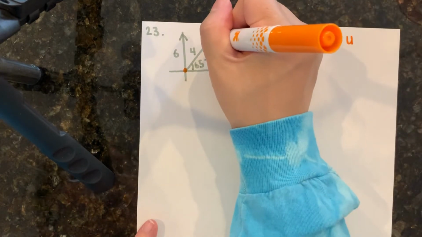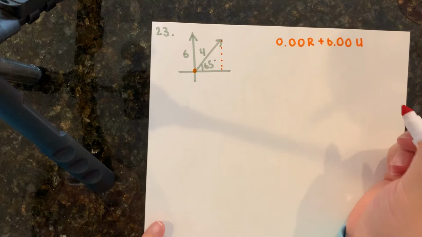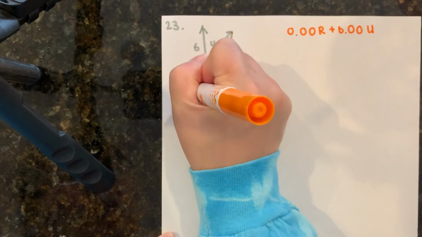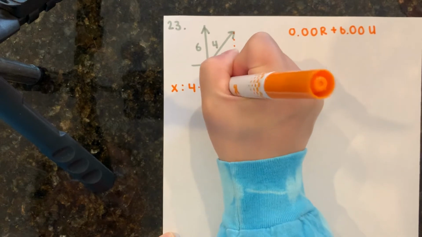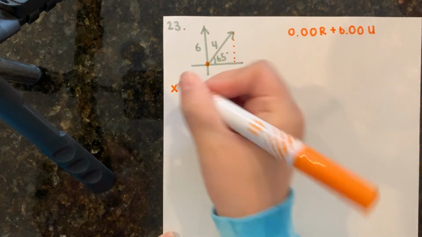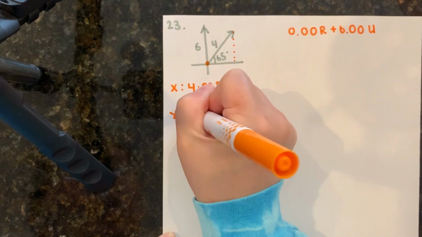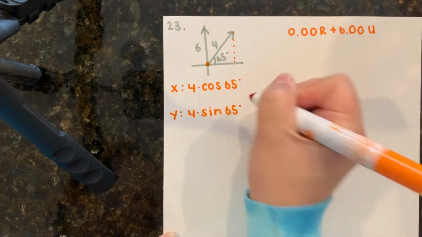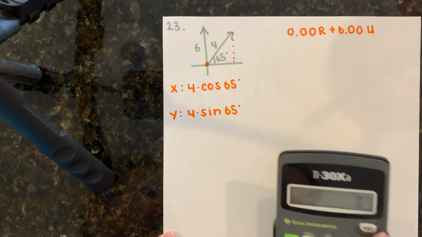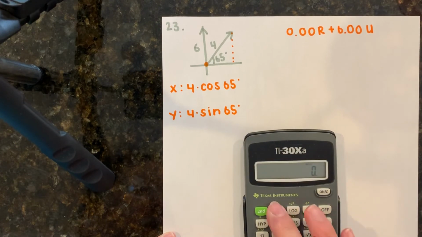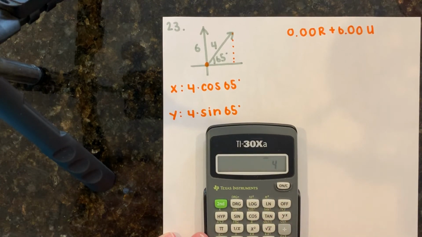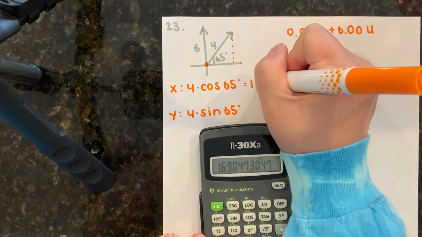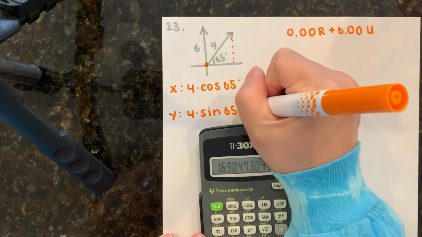Now I'm going to do this one where I'm going to make a right triangle here. For the x-axis, I'm going to do slant times cosine of 65. And for y, I'm going to do slant times sine of 65. Using your calculator, it would be 4 times 65 cosine equals, which would be 1.69.